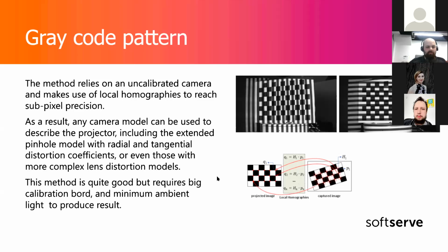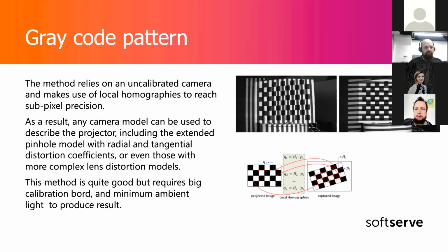So basically, this gray code pattern method is quite robust in case we need to calibrate the camera and projector separately, and the stereo calibration is the key. But it requires quite a big calibration board to work properly, and also quite a few images.